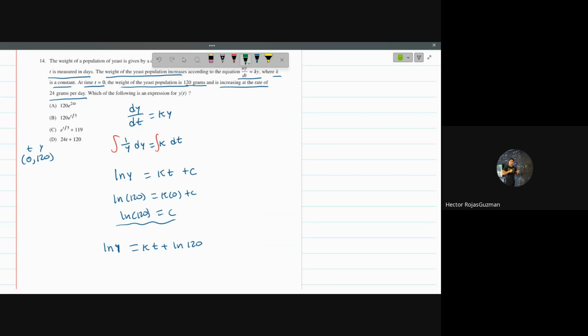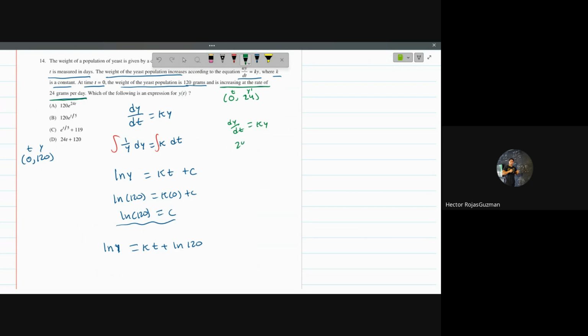We were told that at time t is 0, the weight of the yeast population is increasing at a rate of 24 grams per day. This is basically your y prime. So we can do dy/dt equals ky.